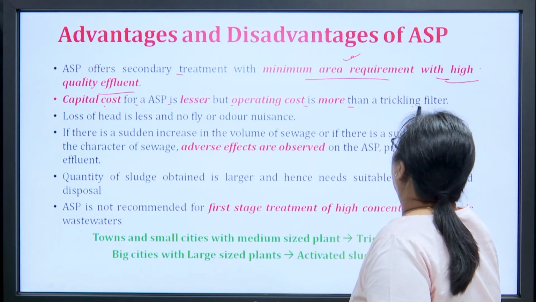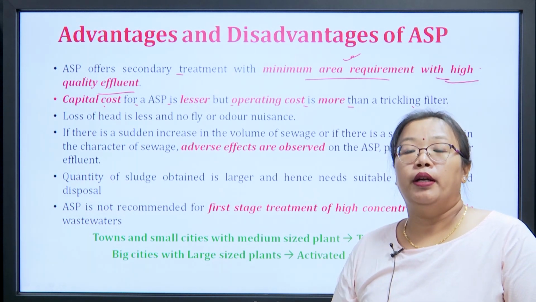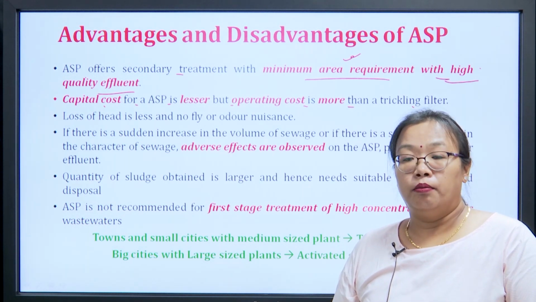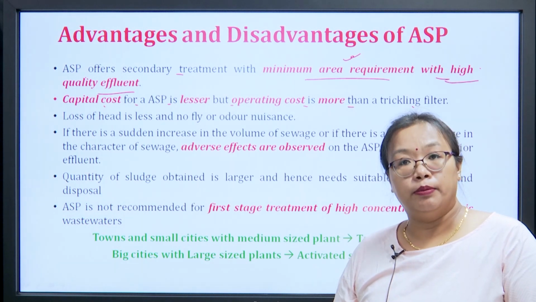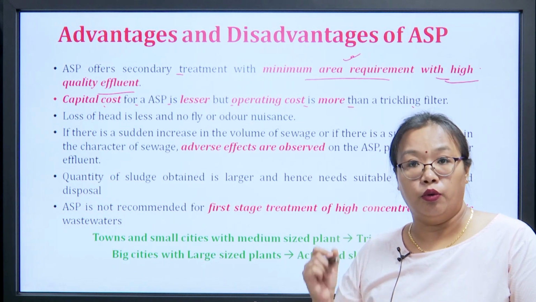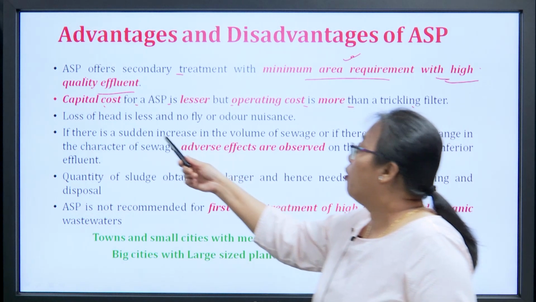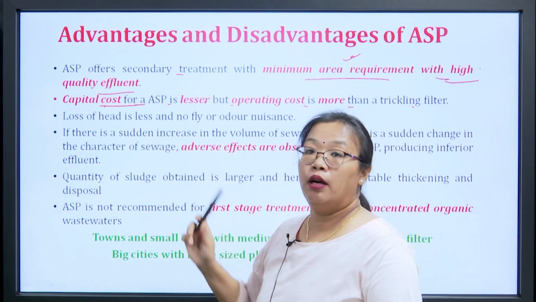but capital cost for ASP is lesser, but operating cost is more than a trickling filter. So trickling filter में ज़्यादा area चाहिए हो सकता है but operating cost कम है, right. But in activated sludge you will require more operating cost. Why? Because आपको electricity चाहिए होगा to run the aeration tanks, right. So capital cost आपको एक बार बनाने के लिए time लगेगा, पैसा लग सकता है.